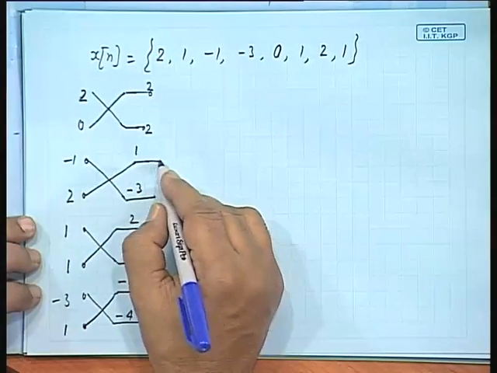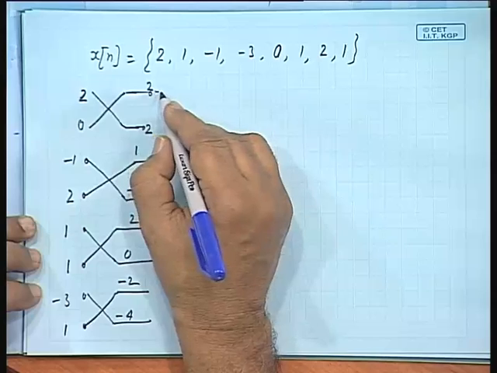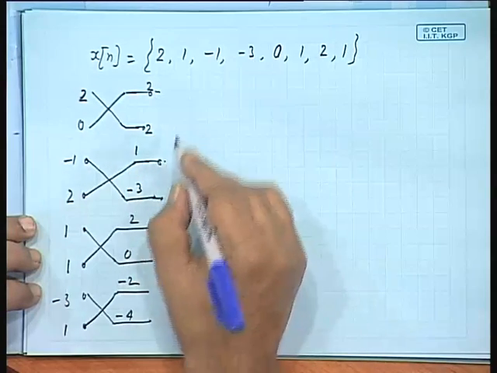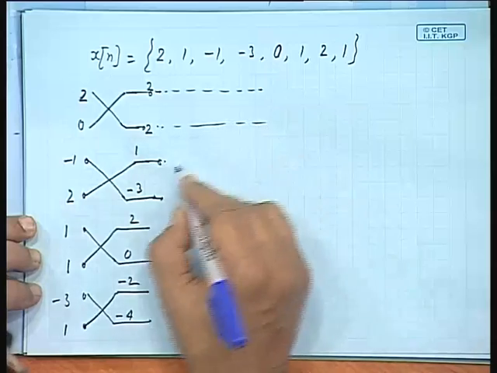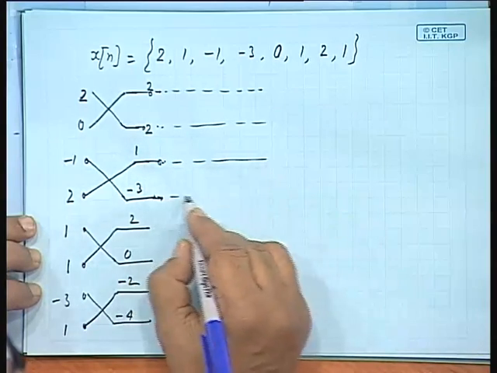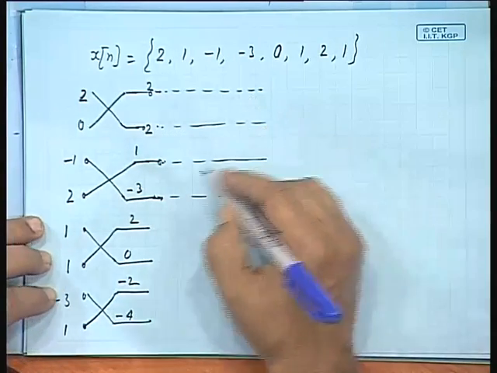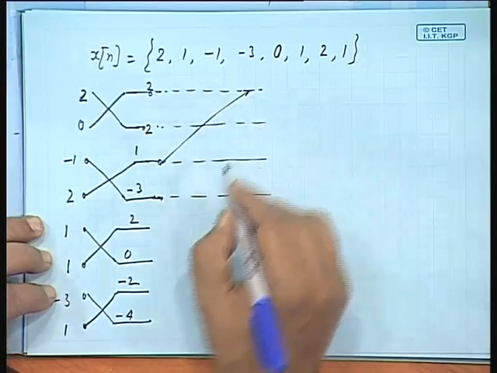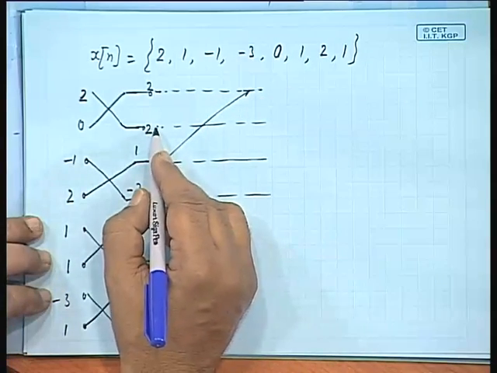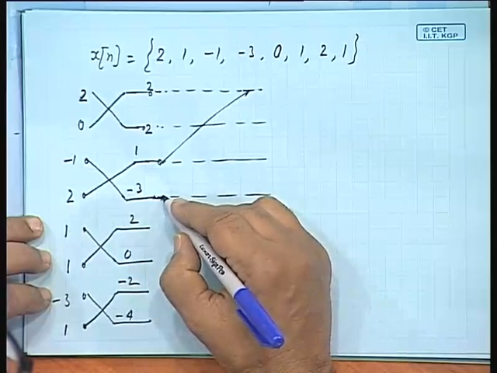So, let me draw it. Okay. Let us draw horizontal lines first, that will be easier to trace. So, this has to be paired with this, okay, and this has to be paired with this.